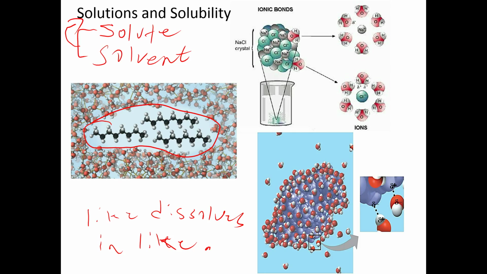These substances are non-polar, but the surrounding water molecules are polar. So you're trying to mix two different substances that have completely different chemical properties. They're not going to mix.